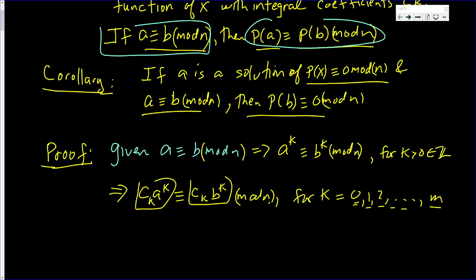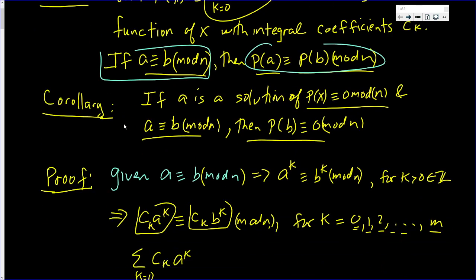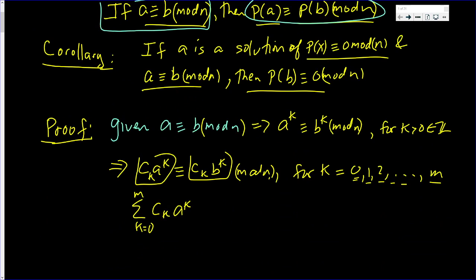So this tells us that the summation of c sub k a to the k, as k goes from 0 to m, is congruent to the summation as k goes from 0 to m of c sub k b to the k, mod n.